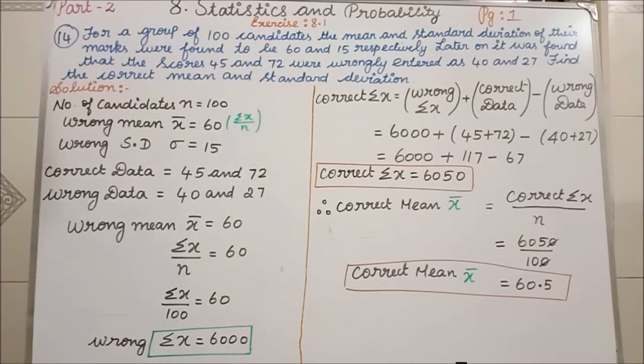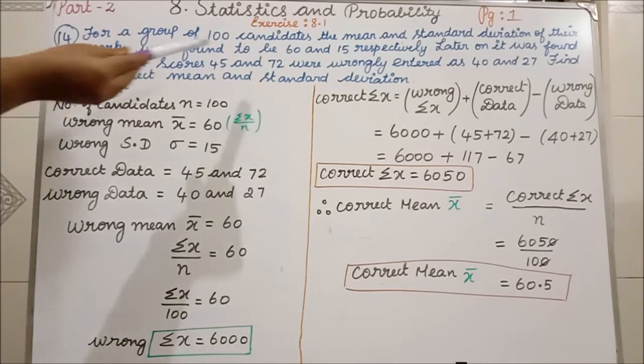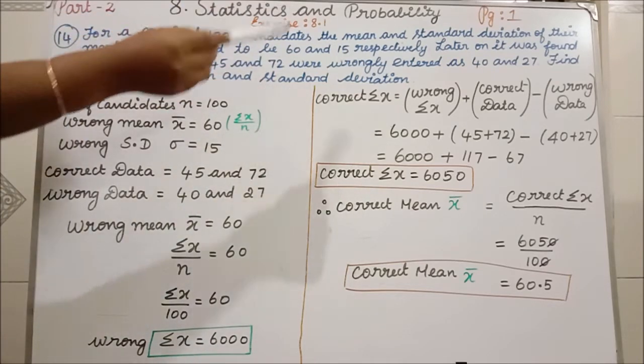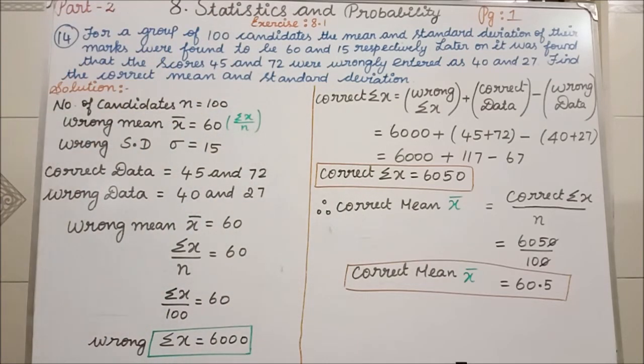Those who got 45 and those who got 72, the marks were entered wrongly: instead of 45 they wrote 40, instead of 72 they wrote 27. So we have to find the correct mean and correct standard deviation.